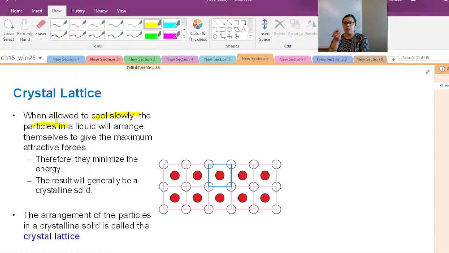So you can crystallize a lot of things, though biological samples are much more difficult to crystallize than a chemical compound. When they cool slowly, they tend to arrange themselves to maximize attractive forces and minimize energy. This is why sodium chloride has a certain structure, a repeating pattern of alternate charges. And so we get a crystalline solid.